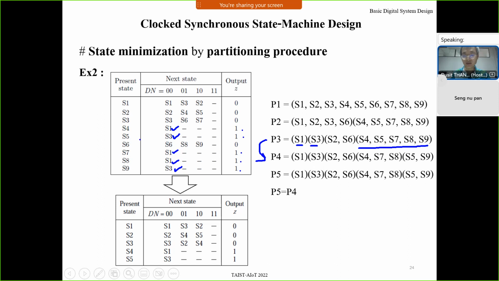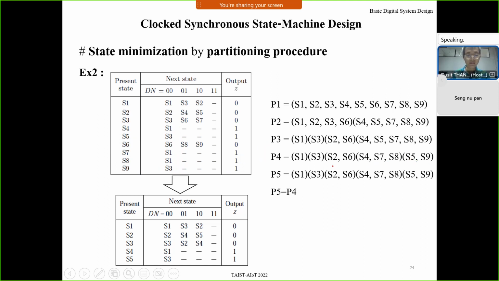So you must separate this. S4, 1 here, 1 here, 4, 7, 8, right? To one group, and 5, 9, we have S3 as the next state for the other group.